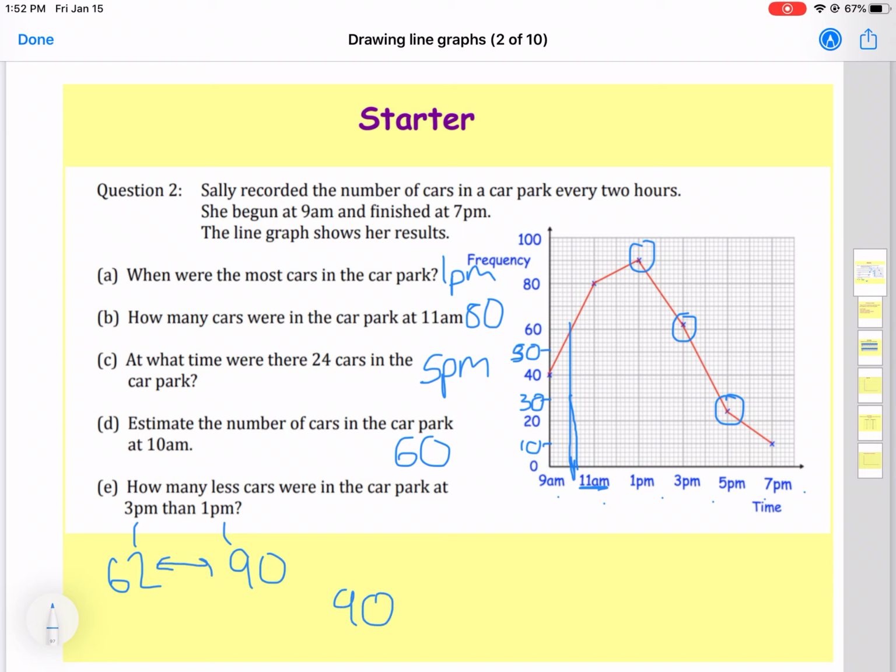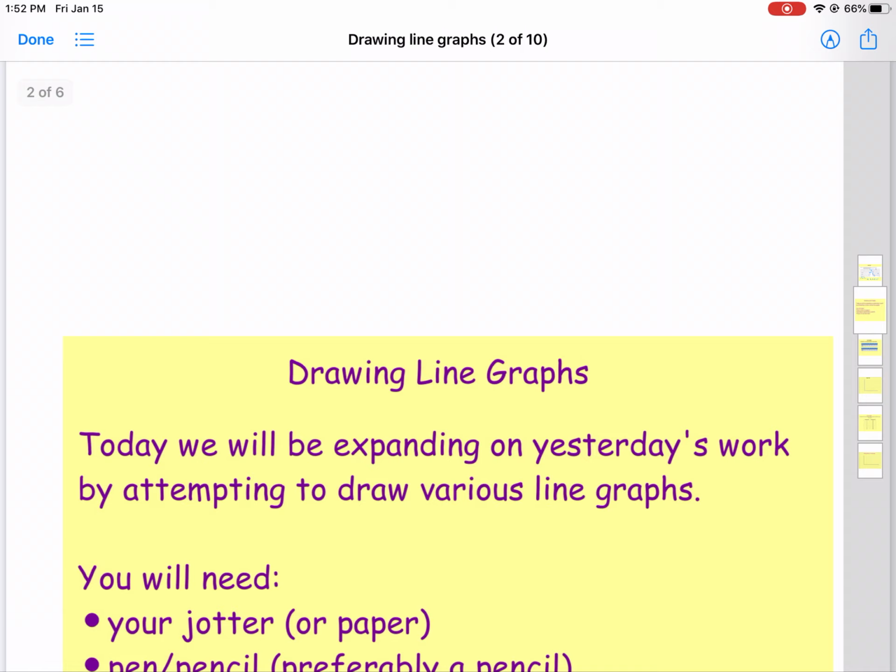So if we take the larger and then take away the smaller, we will end up with 28 less. Okay, so we're taking away those two numbers to get the answer to this one. Okay, hopefully you found those okay. If not, have another listen to this video and see if you can work out why that is the case.